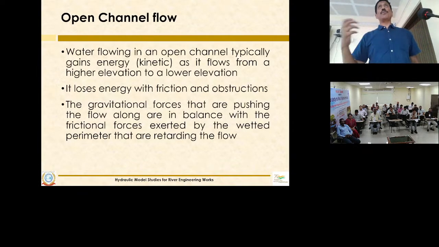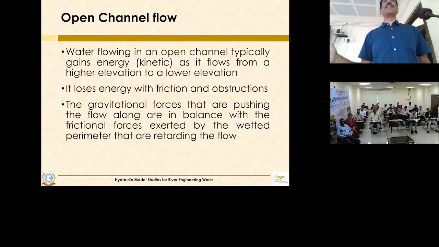When water flows in an open channel, it gains velocity because of kinetic energy, flowing from high grade to low grade. While flowing, it gains velocity, and this gain is opposed by friction. The river has friction as it moves through high regions, so it gets shear stress, as we discussed.